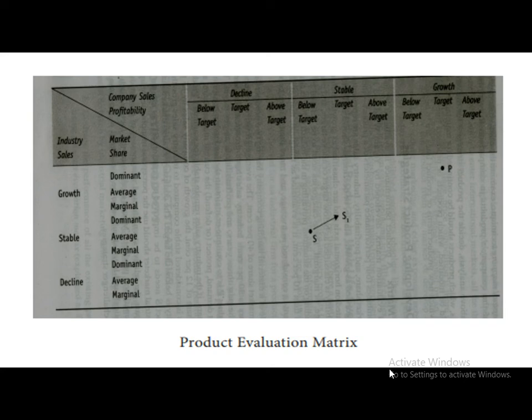Let's apply the same classification of the market share to a company having two products. Product P has a dominant market share of 50%. The average growth of the company's sales in the past 3 years is 40%.